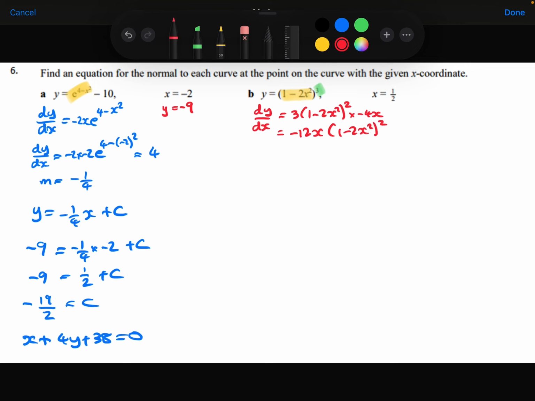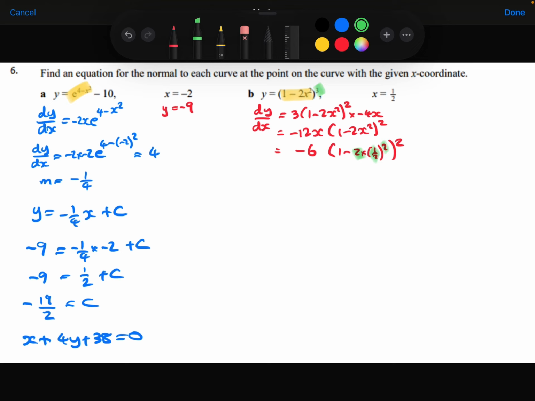So that's my gradient function, which I'm going to substitute 1/2 into now. So minus 12 times 1/2, (1 minus 2 times 1/2 squared), all squared. Well, the minus 12 times 1/2 is just going to be minus 6. Then on the inside here, the 1/2 squared is 1/4.